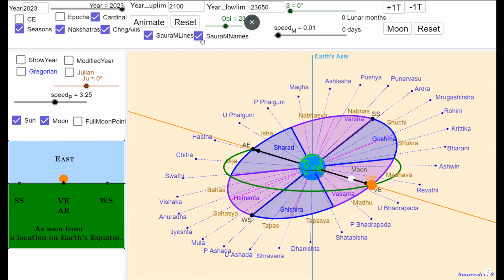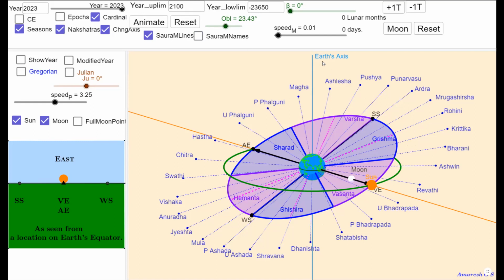Let me remove some of the clutter, such as the names of the solar months. They are not required. We will keep the seasons because, remember, season is one of the reasons why we synchronize, so that we can discuss the seasons, which are purely determined by the sun, in the language of the lunar months. And that's why we need to synchronize.